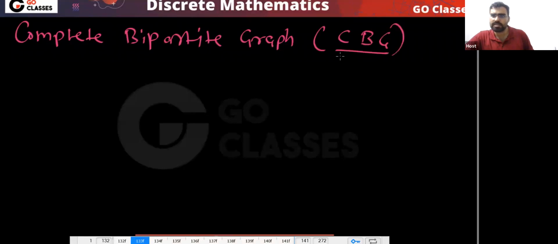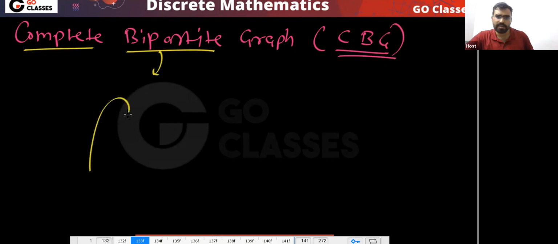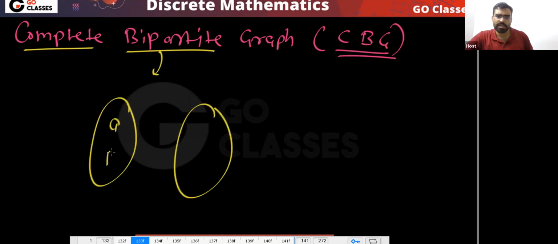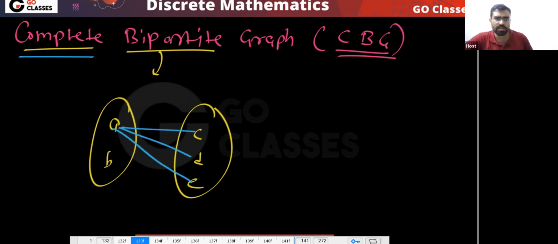First of all, this should be bipartite. It means you have it like this. Now it should be complete, meaning all the possible edges must be there. Yes or no? Complete means all the possible edges must be there.